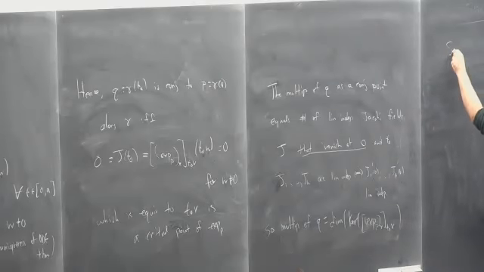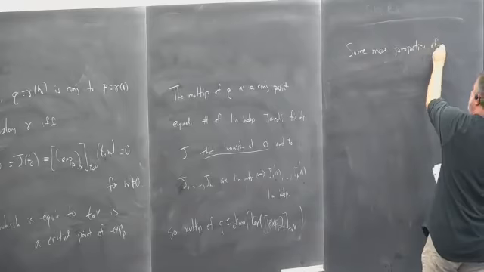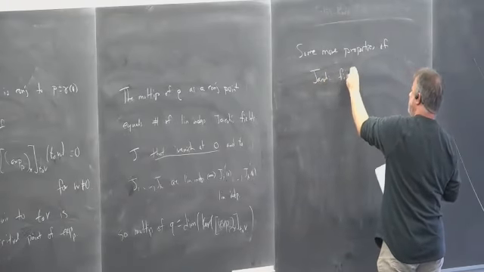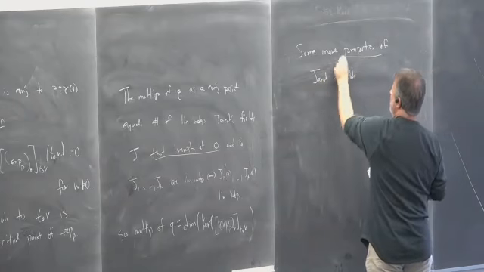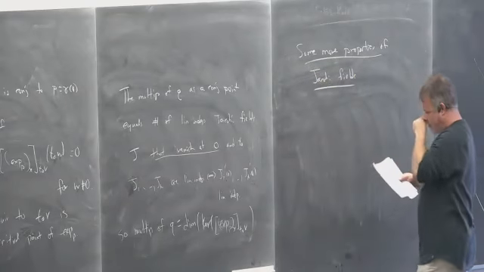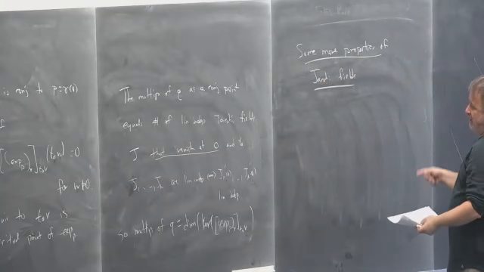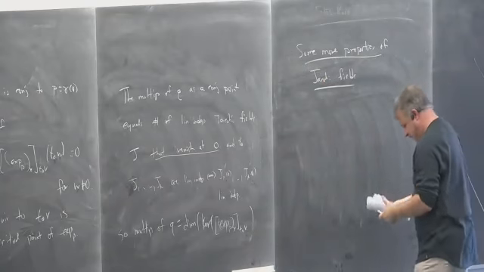So some more properties of Jacobi fields. And the first one I've already done two lectures ago when we defined Jacobi fields, but it's worth doing again, especially because the next two properties are immediate corollaries of this one.